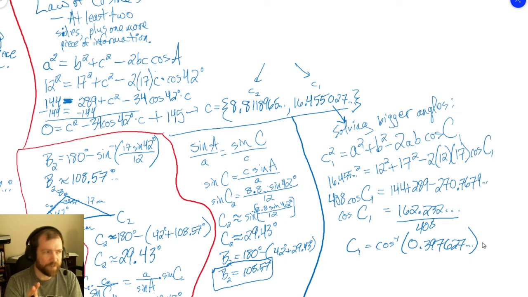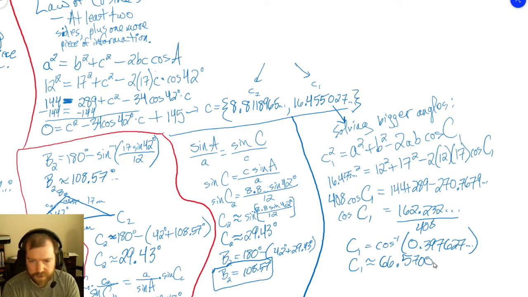Now this could be off by a little bit because I did round in my calculator. But the inverse cosine of that, C1, is going to be approximately 66.5700 degrees, and then beyond that.